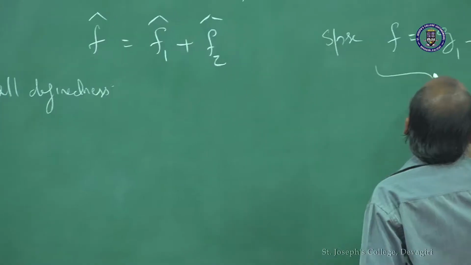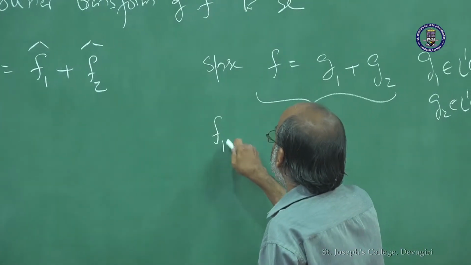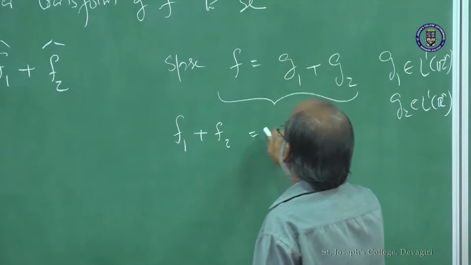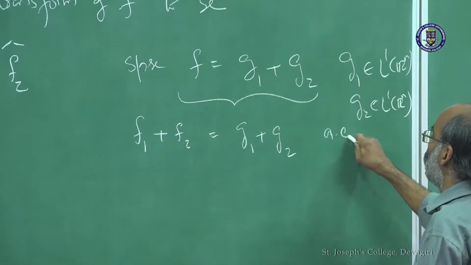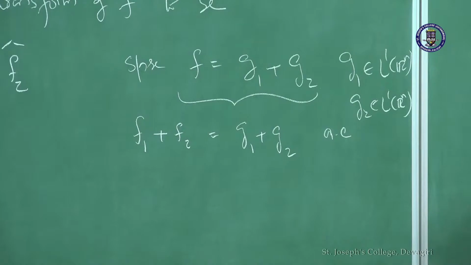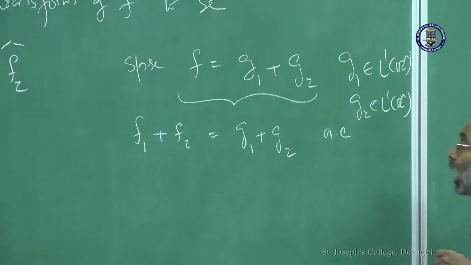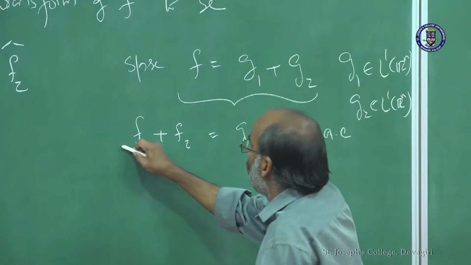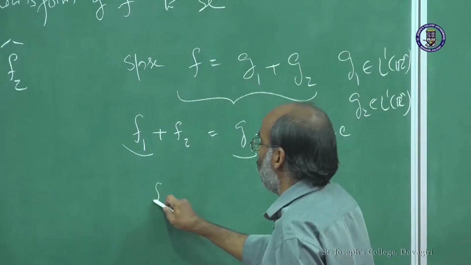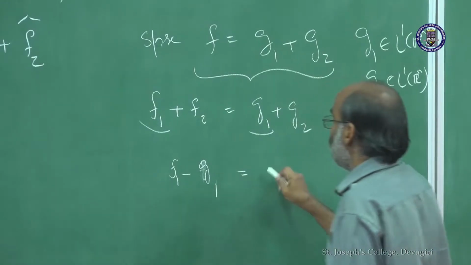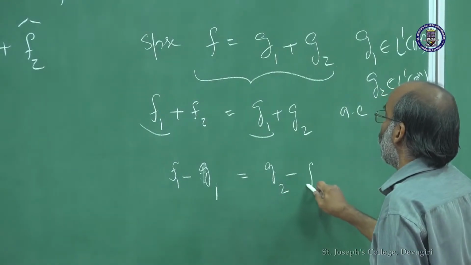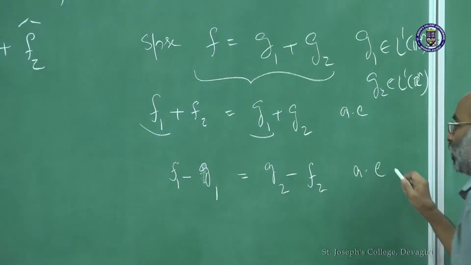This tells me that f1 plus f2 is the same as g1 plus g2. There will always be an almost everywhere statement, because we are looking at LP functions. So I have f1 minus g1 equal to g2 minus f2, again almost everywhere.